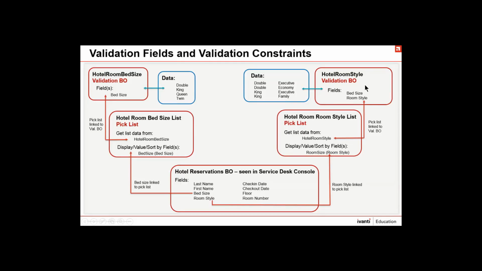And then I went back to this validation business object and populated this data. But I established a link between this bed size field and this pick list. All right, so let's go in.